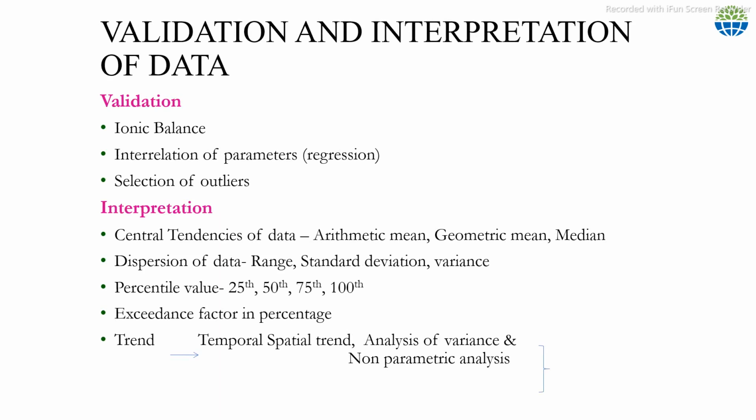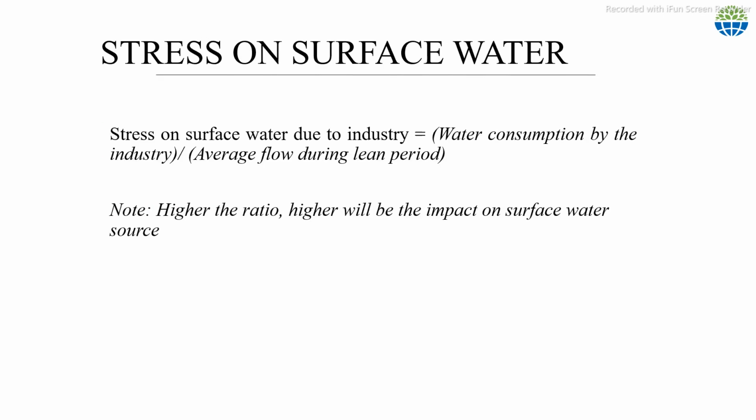Then we can make interpretation like central tendency of data using arithmetic mean, geometric mean, median, dispersion of data, range, standard deviation, variance, etc. Percentile values of 25, 50 and 75. Exceedance factor in percentage for air. Then we can go for trend values, variance value.